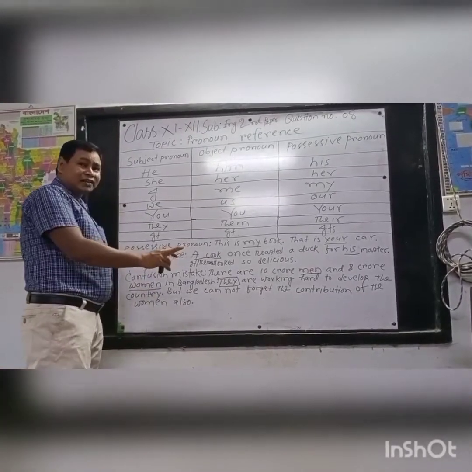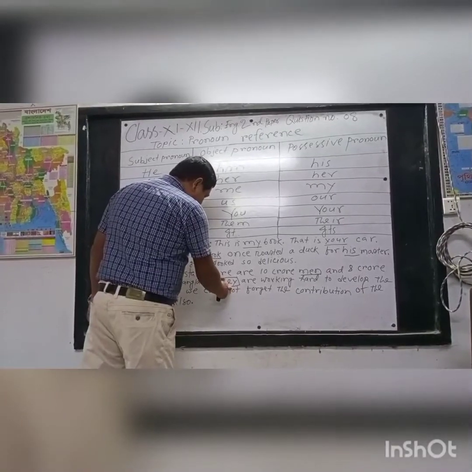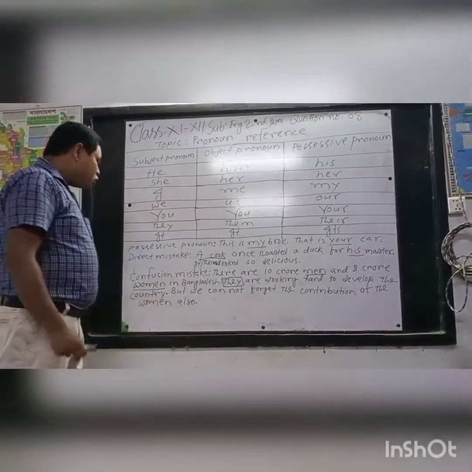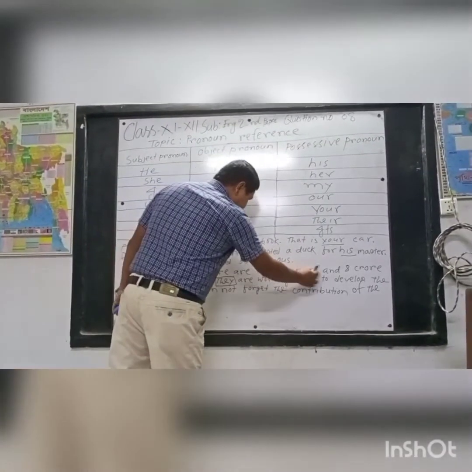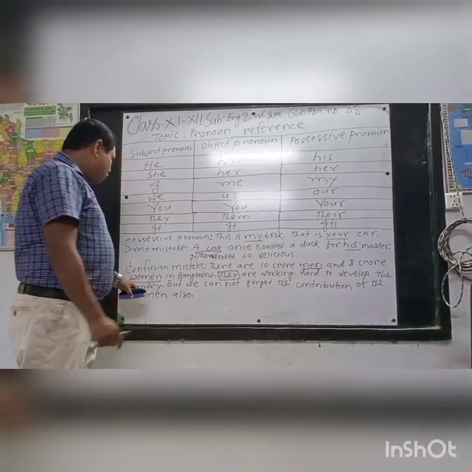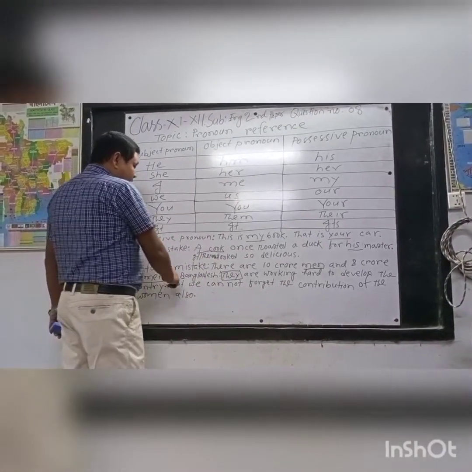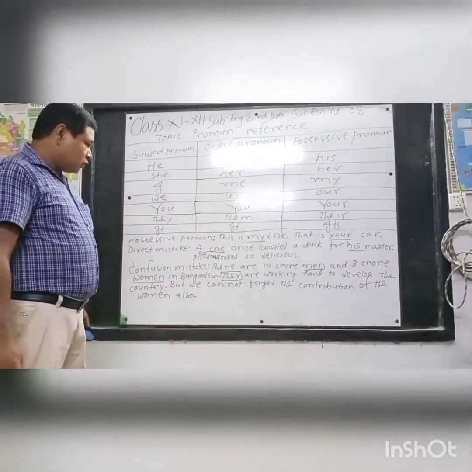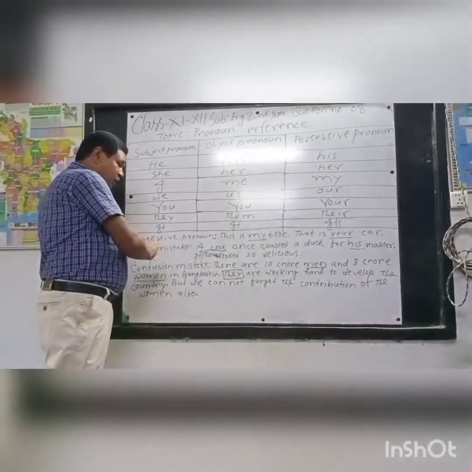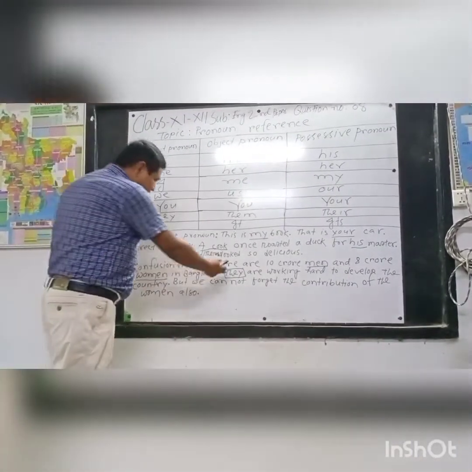They are working hard to develop the country. Now comes the question: who are working hard? Men are working hard to develop the country, or women are working hard to develop the country? So these two nouns are used for one pronoun in the next sentence. They.